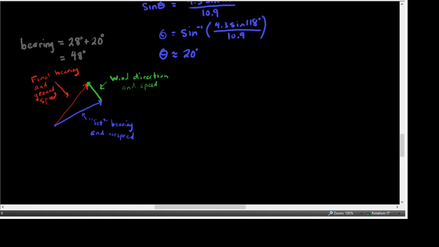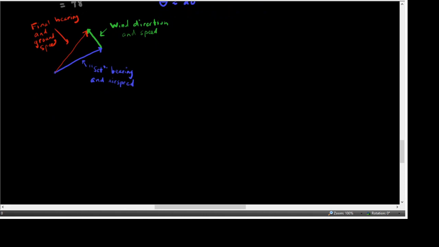Let's do a problem where we use that idea. I think you have this picture, but if you don't, it's probably a good idea for you to learn how to draw the picture regardless. So I'm going to pretend like you don't have the picture. A plane with an airspeed of 192 miles per hour is headed on a bearing of 121 degrees. I'm going to draw this over here.